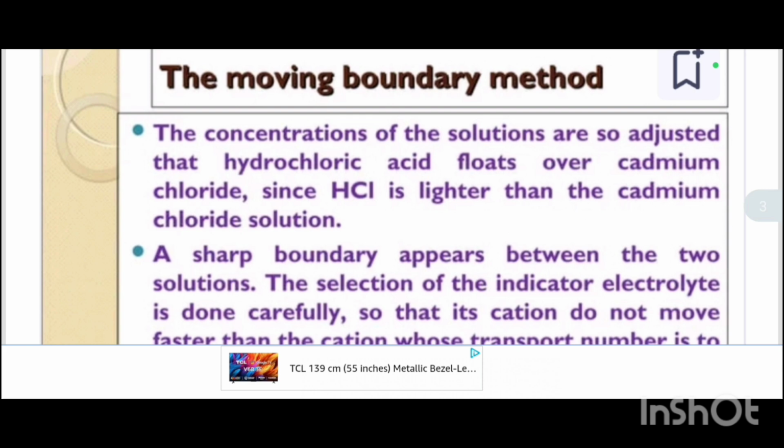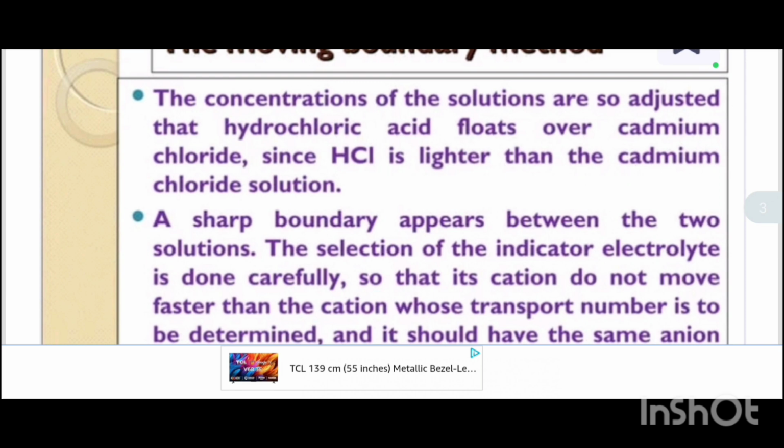The concentrations of the solutions are adjusted so that hydrochloric acid floats over the cadmium chloride solution, since HCl is lighter than cadmium chloride solution. A sharp boundary appears between the two solutions.